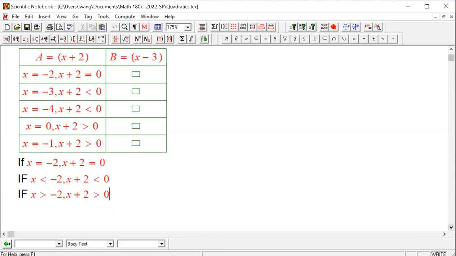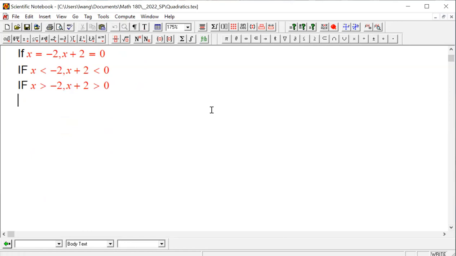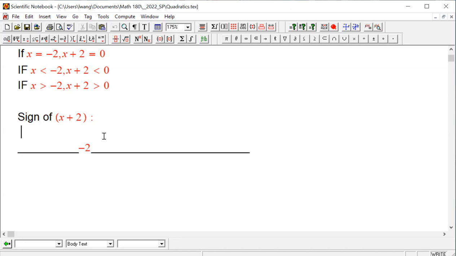What does that mean if we put this observation on a graph? Suppose I have a number line. This is my number line, and I've got a -2 here. If I observe the sign of x plus 2, it is going to be equal to 0 if x equals -2.